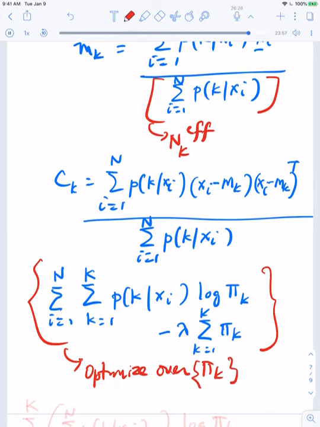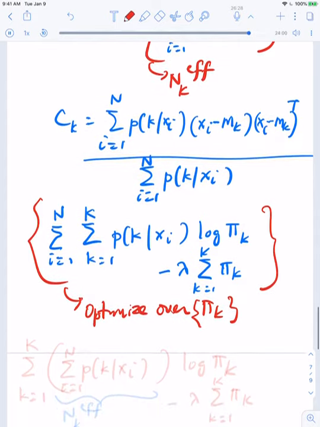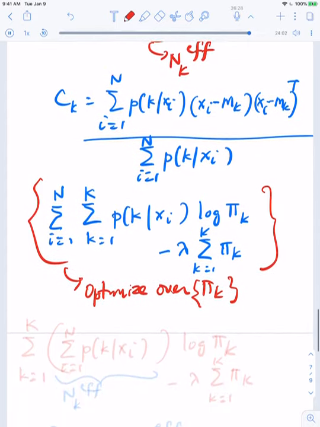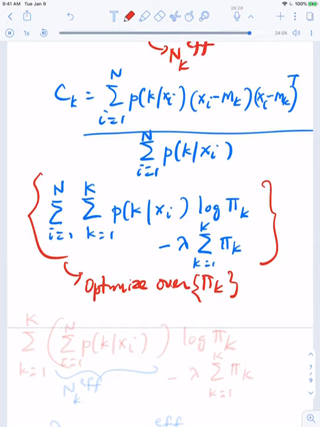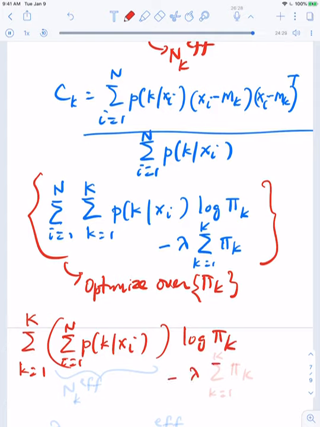Let me use the notation that we had to make this summation nicer. Recall that if I switch the summations, summation i equals 1 to n of p of k given xi is the only part that depends on the training examples, and then outside I put the summation k equals 1 to K of log of pi k, minus lambda summation k equals 1 to K pi k.